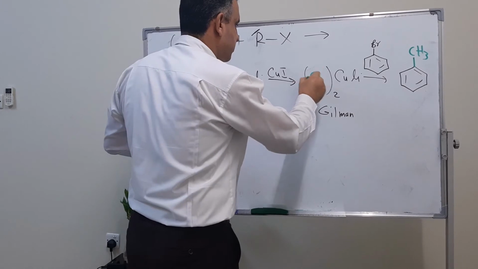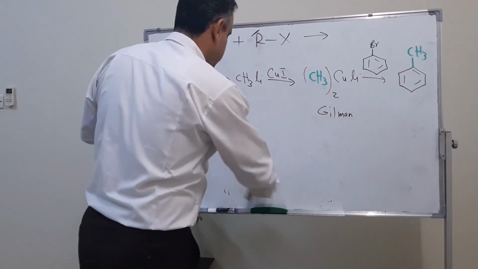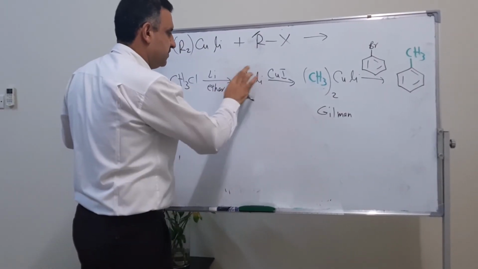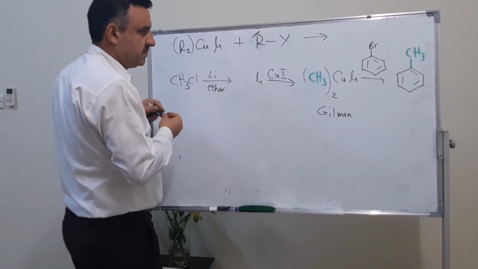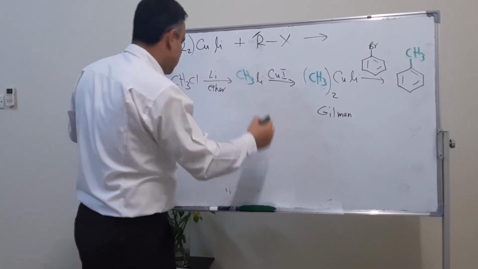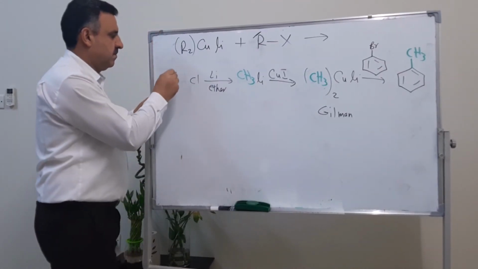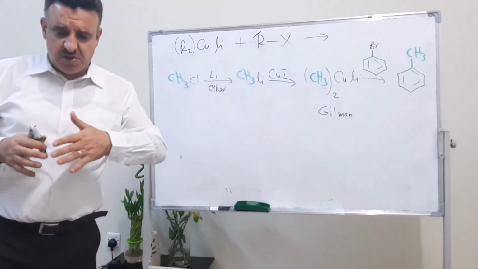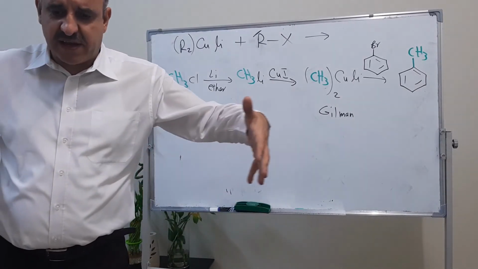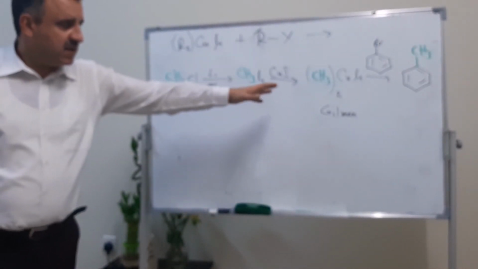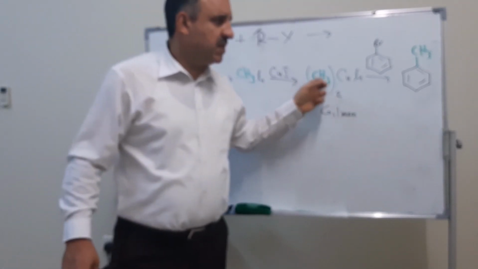So here CH3, here CH3, and then here CH3. Do you follow me? That's how we do the elongation of the carbon skeleton. One method for elongation of the carbon skeleton is the reaction of a Gilman reagent with alkyl halides.